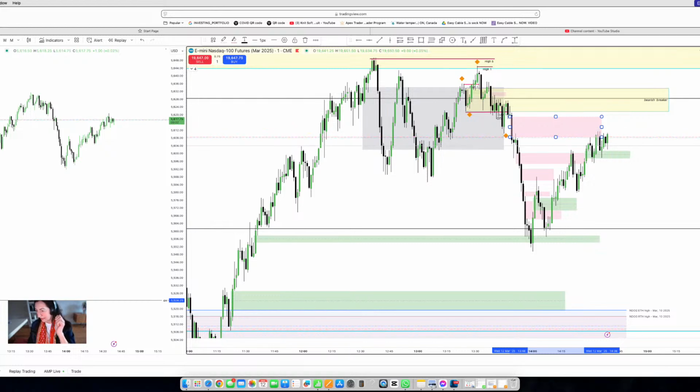Is that an area you need to tighten up on? Because there's no fun making profits and then losing it because you're risking too much or your number of contracts that you're trading with is too high. Do you know what I mean?